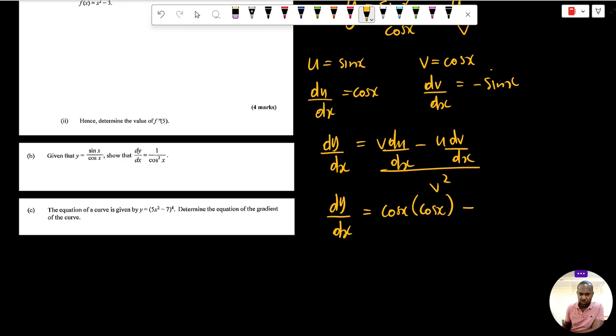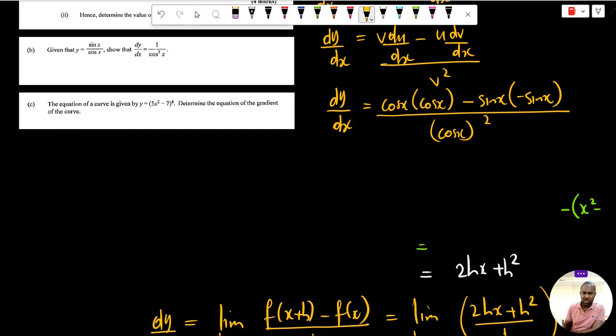Then we have minus u, which is sine x, times dv by dx, which is minus sine x. And this is all over v squared, which of course is cos x squared. So looking at the numerator, we see that dy by dx would be equal to cos x times cos x, which of course is cos squared x. Let me just clear up the rest of the screen here.